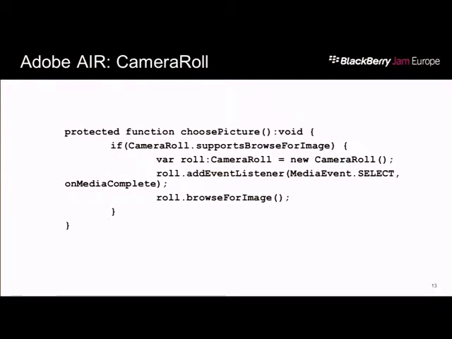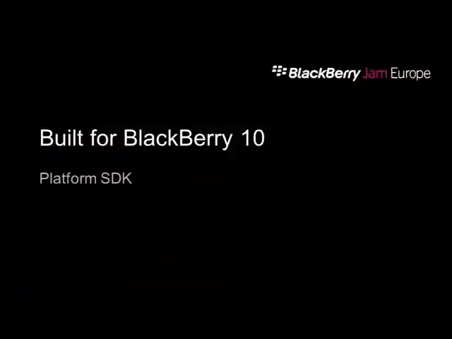You can also browse for video, but again, the video is another step. So browse for image takes the user to the native camera roll. In each platform, you will have a specific step. So these are some of the APIs you have natively in Adobe AIR.